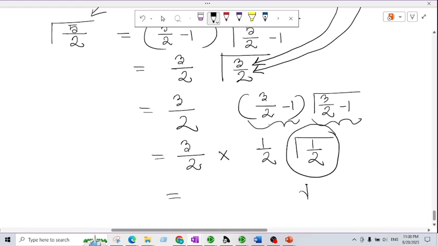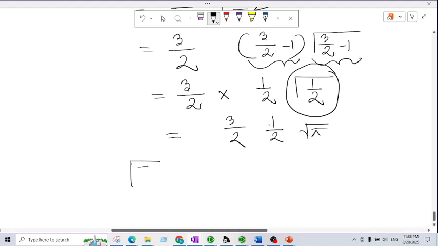This is simply equal to root over pi. So the value of gamma 5 by 2 is simply equal to 3 by 4 root over pi. By this you can find gamma half, gamma 3 by 2, gamma 5 by 2, gamma 7 by 2, and whatever you want.